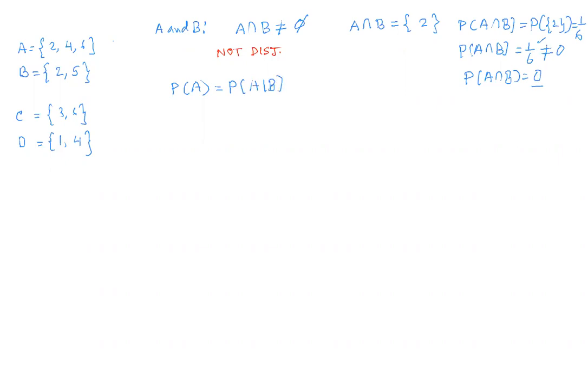Or you can do it the other way: the probability of B is the same as the probability of B given that event A has already happened. Okay? So this is what the definition is. We are going to show it both ways. So let's try the probability of A. What is the probability of A?